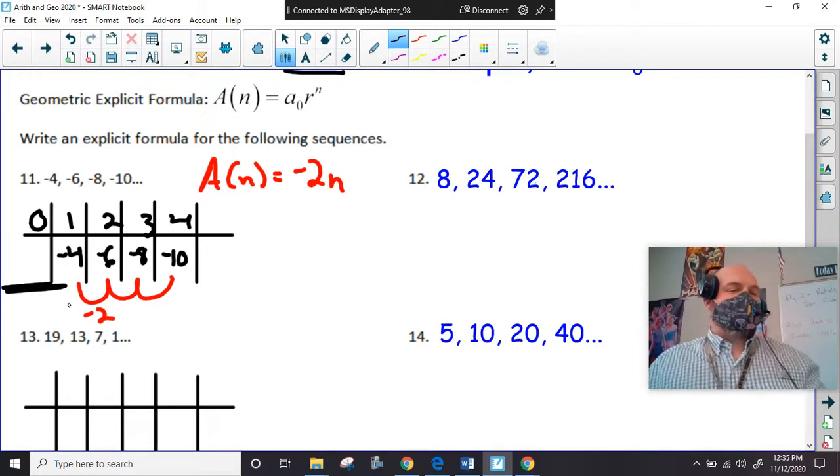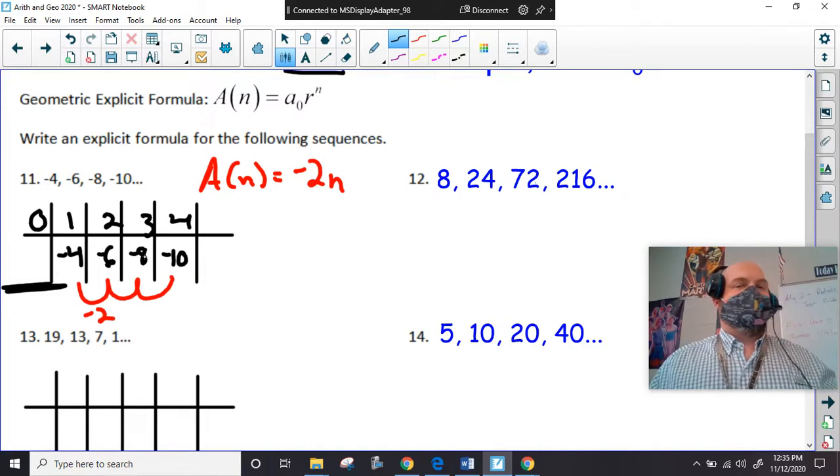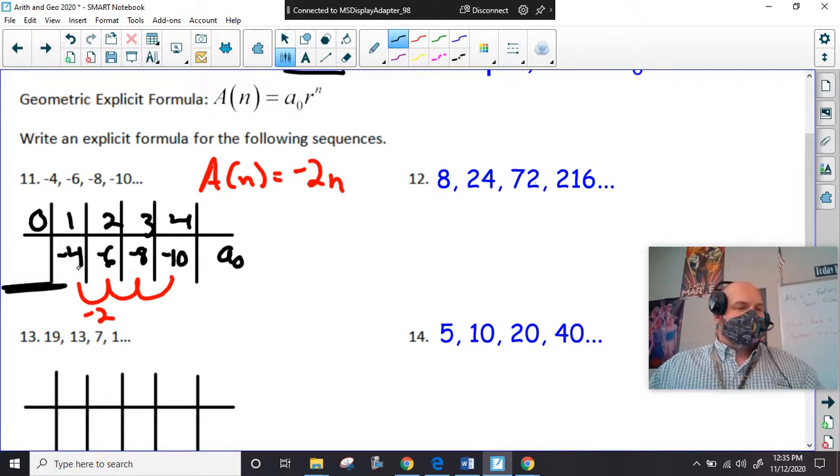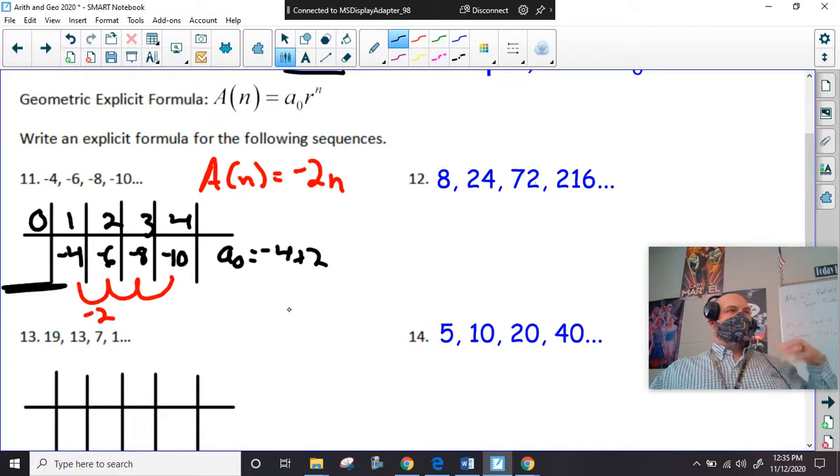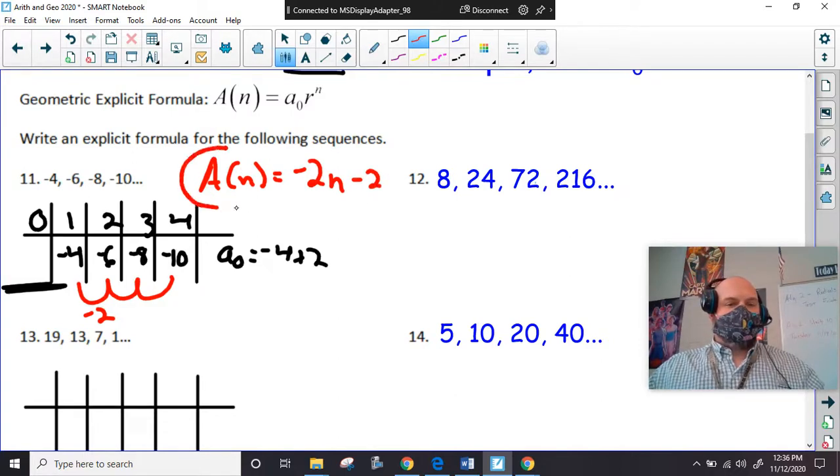So what if this is subtracting 2 each time? What's the opposite of subtracting 2? Yes. So to actually find our a sub 0, we would take -4, which is our first term, and add 2 to it. So what is -4 plus 2? -2. That's it.